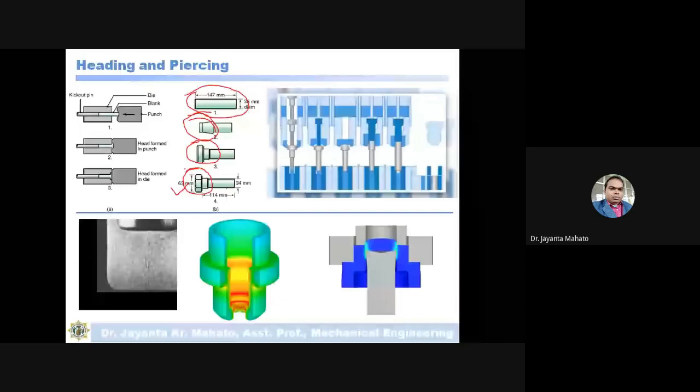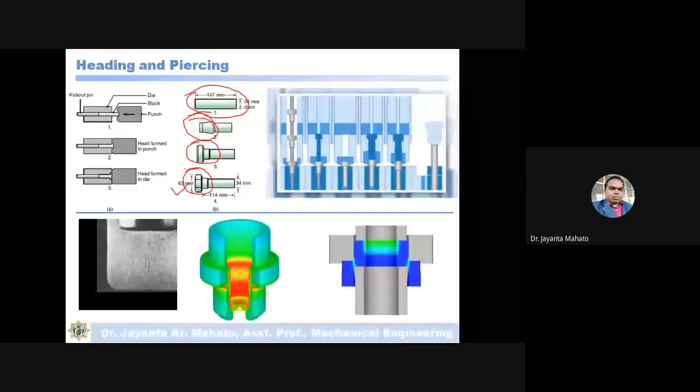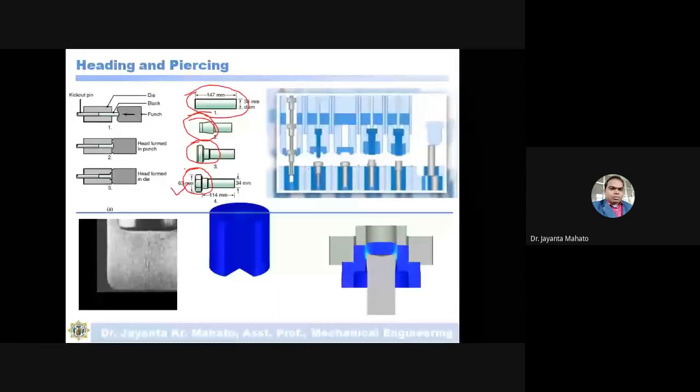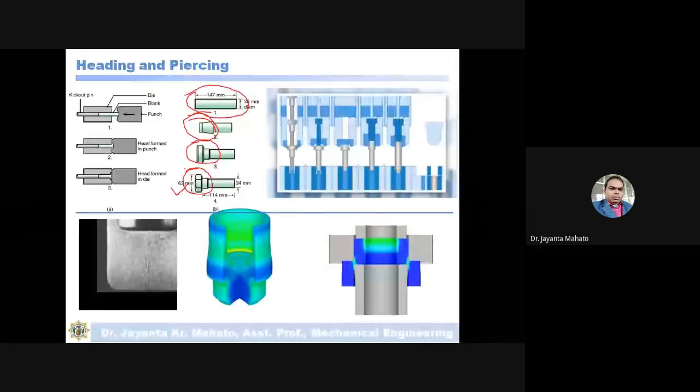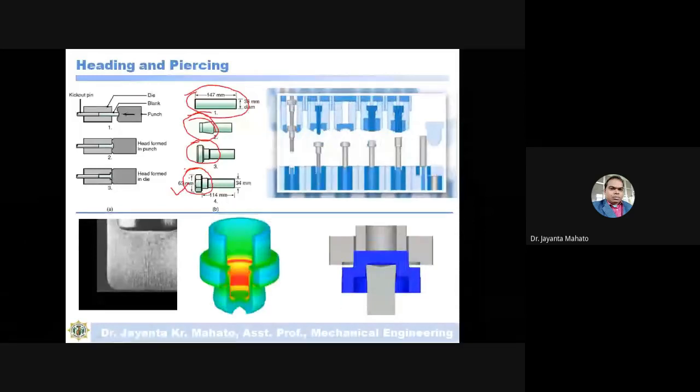In the first impression, you get a head like this, the second impression gives it like this, and at the final stage you get a ball type of shape. So this is a sequential forging process to make the desired shape at the head.